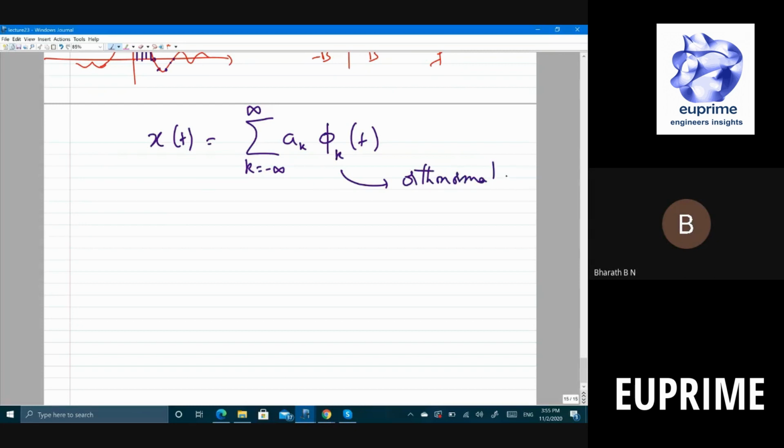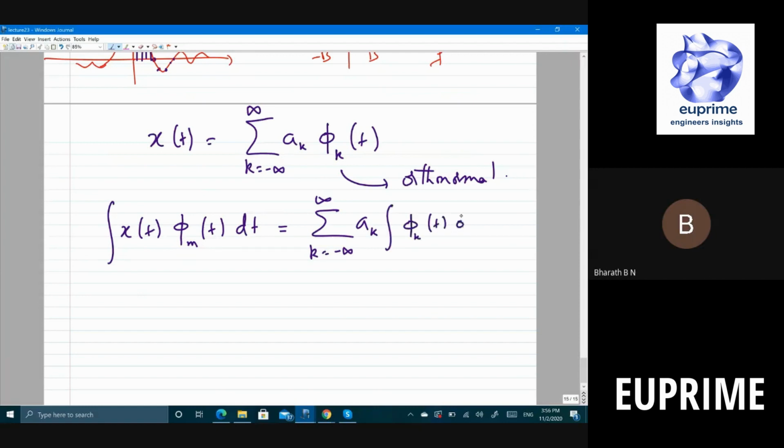So how do you get ak? Let's say I want to get am. Multiply by phi m of t and integrate. So what do you get? You get the summation over k from minus infinity to infinity of ak times the integral of phi k of t phi m of t dt, assuming that you can interchange the integral and this infinite sum.